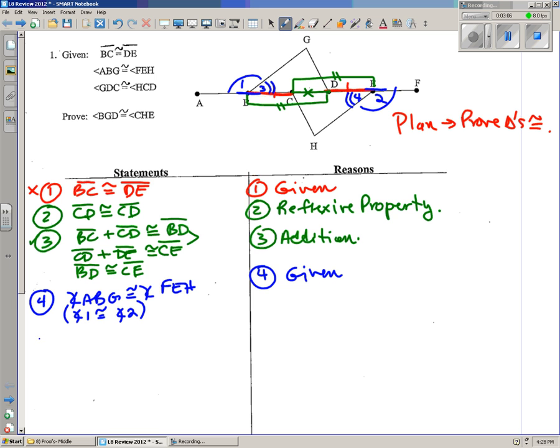And what we're going to say in step 5 is that angle 1 and 3 are supplementary, along with angle 2 and angle 4 being supplementary.